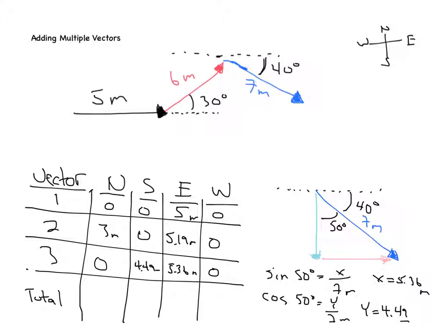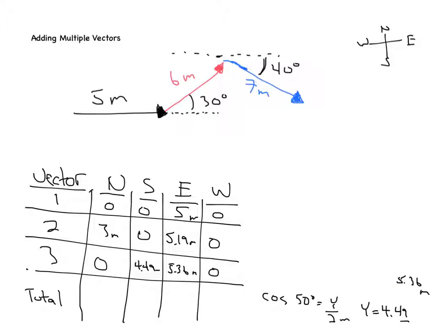So now, once we've added all our vectors up, what we can do is total the components that we've made. We can total them up at the bottom and figure out what the remaining vectors look like to find the result.